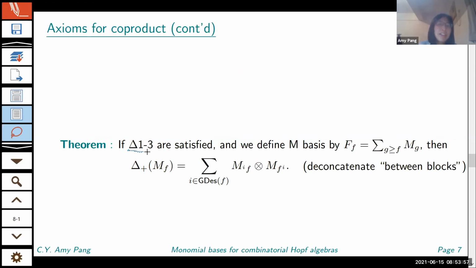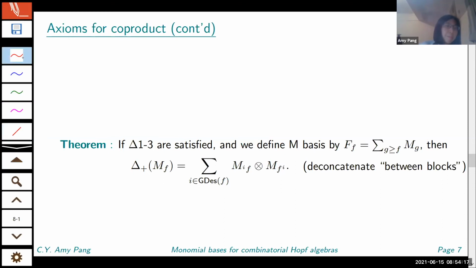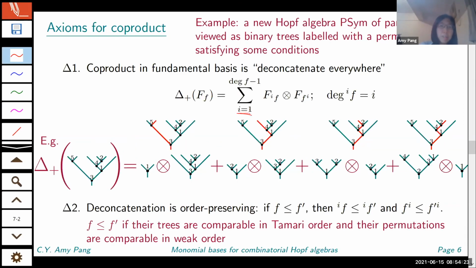Okay, so if the axioms are all satisfied and we define a monomial basis in the usual way, then the co-product in monomials is still deconcatenation, still like this, i f i. But the difference is in the sum. Here I summed from i equals 1 to n, I summed everywhere, deconcatenate everywhere.